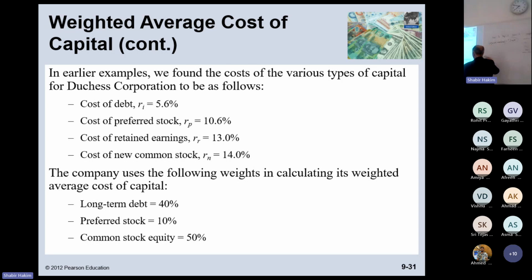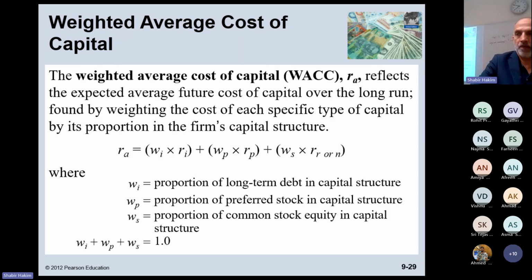Our WACC will have 4 components, not 3. Remember, in this formula we had only 3 components, because there was one combined number for equity. But this has now become 2, R and N: separate for the retained earnings and separate for the new issues. So 4 components.